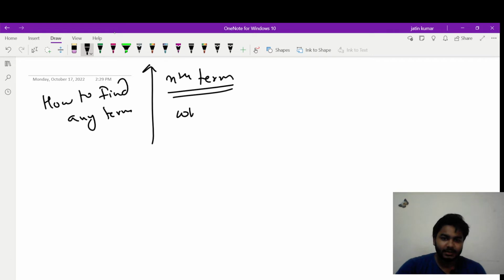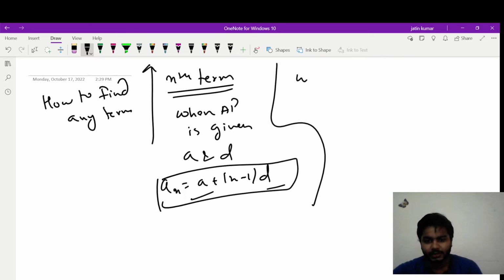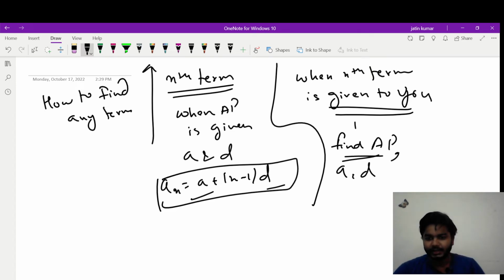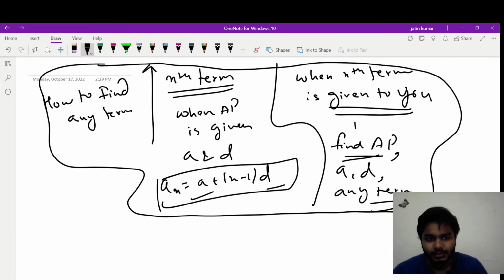When the AP is given, from the AP you will get the values of a and d, and accordingly you put them in the formula a plus n minus 1 into d and you will get the general term. And when the nth term itself is given to you, then you can also find the AP. You can find a, you can find d, you can find any term. These 3 types of questions we have done till now. So 30% of the chapter is done till now.